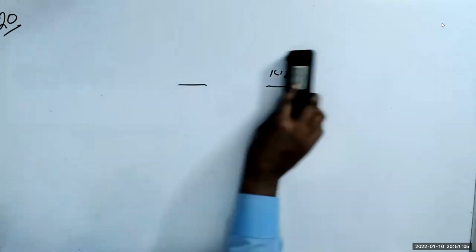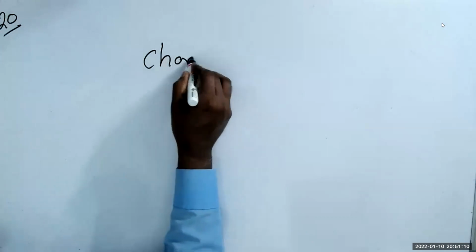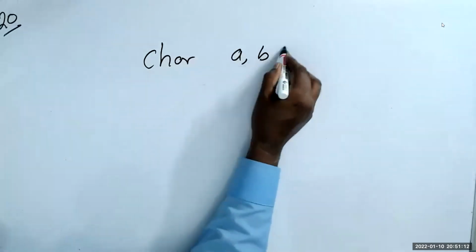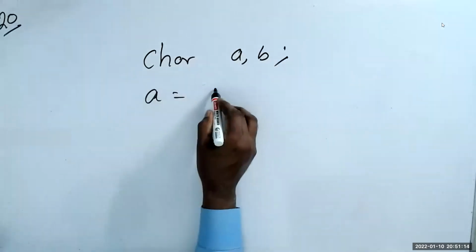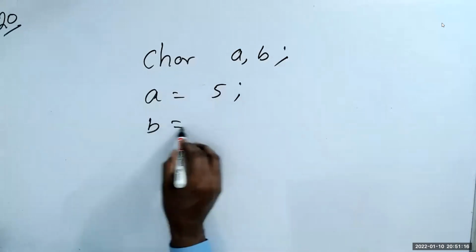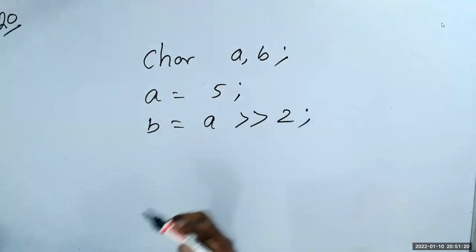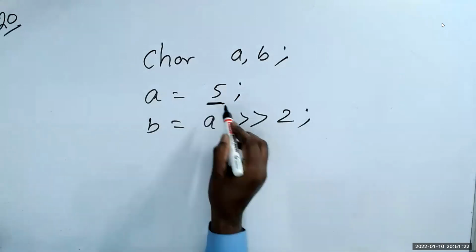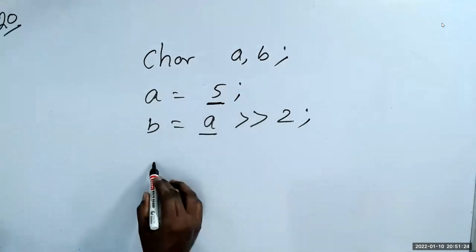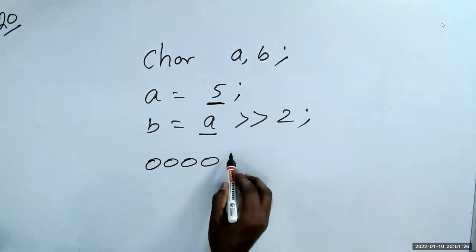Now, what is this operator? Simple, nothing. I say char A comma B. A equal to 5. B equal to A right shift by 2. That means, what is A? A is 0, 0, 0, 0, 0, 1, 0, 1.